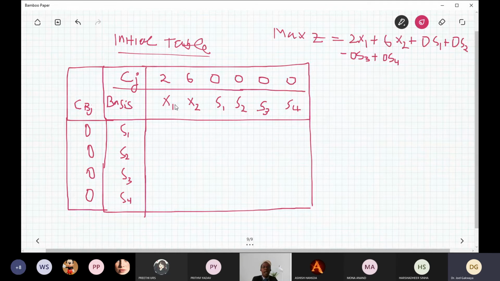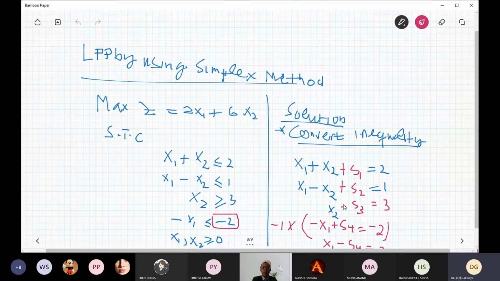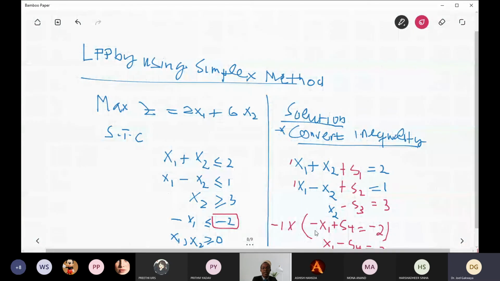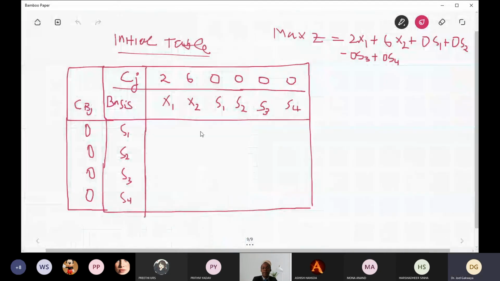Okay? Now, what are the coefficients of x1 in our constraints? Look here, we have 1, 1. In the third constraint, we don't have x1. In the fourth constraint, we have x1. The coefficients are these numbers in front.